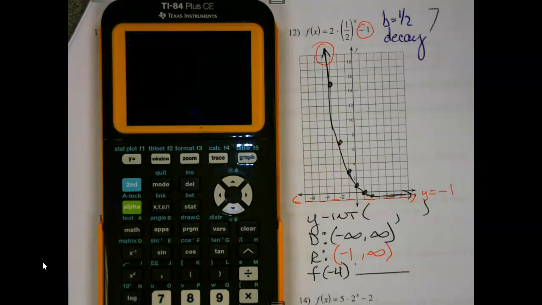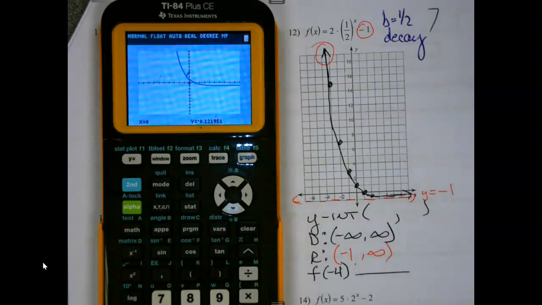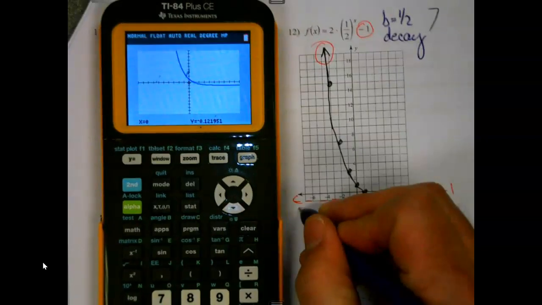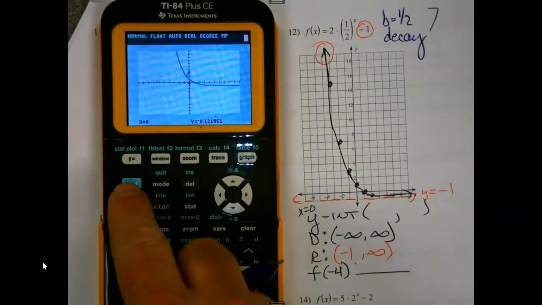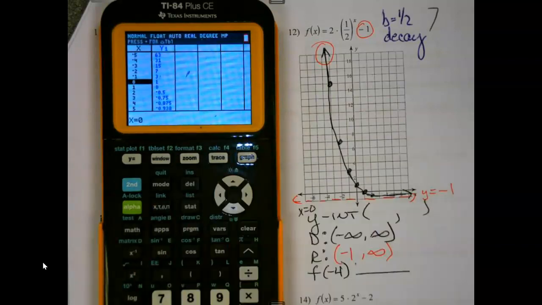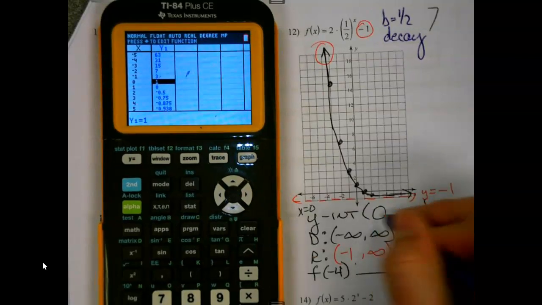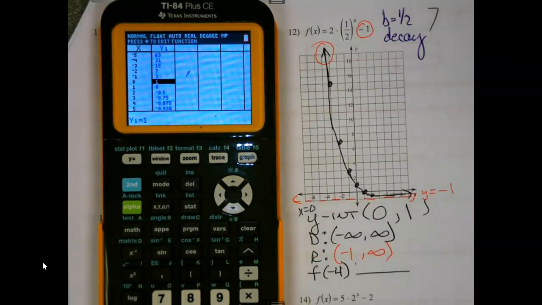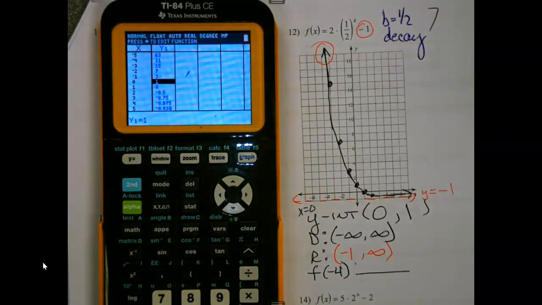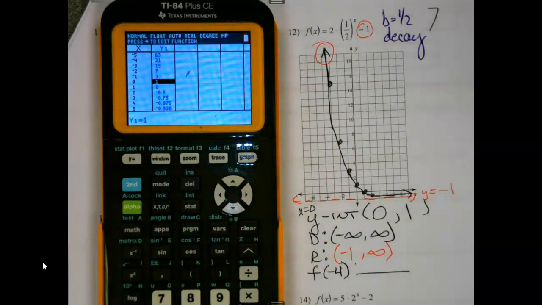And these other two, we are going to just strip straight from the chart, because the y-intercept is when x equals 0. Go to x equals 0. 0, 1. Okay, y-intercept, x is 0 every time.